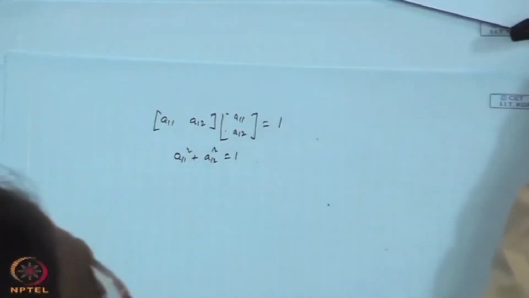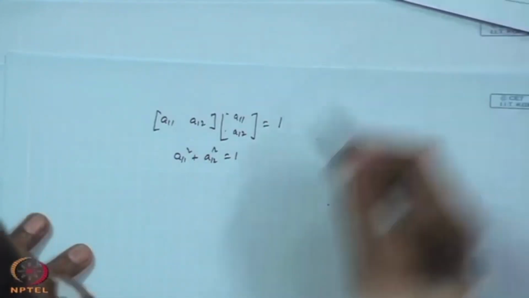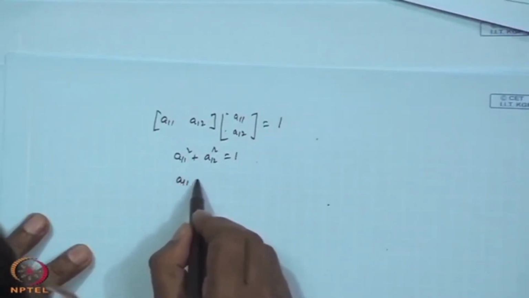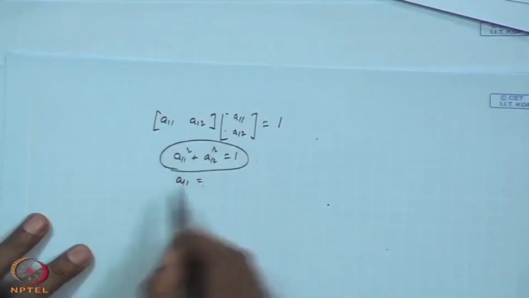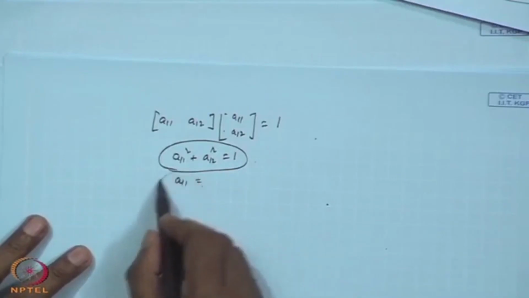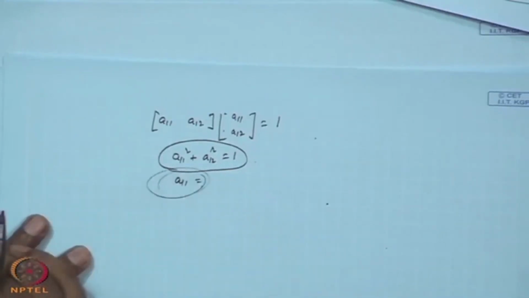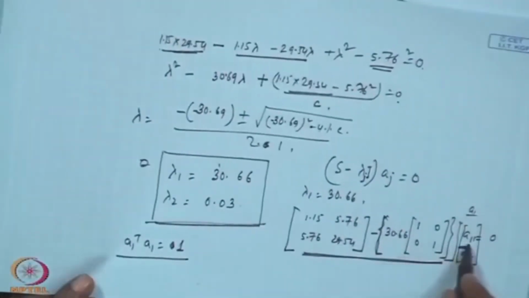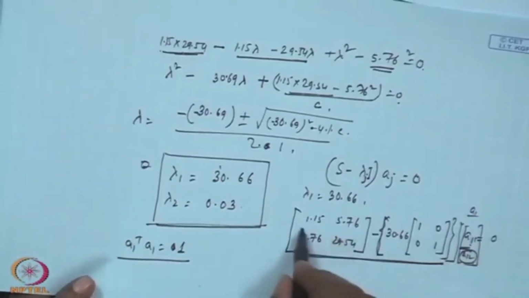Whatever equation you are getting from the earlier one, you put it in, and you will be getting positive and negative values. Once you put that, A12 will be replaced in terms of A11 from the first equation.